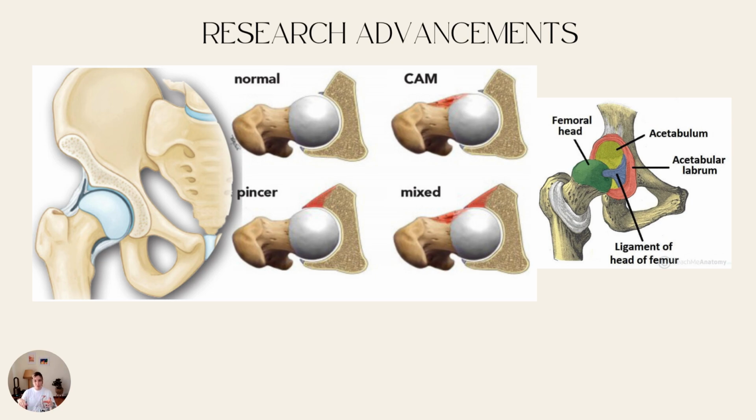common in asymptomatic individuals. You've probably heard this many times before. A lot of things are very common in asymptomatic individuals. You may have some things, you may have no pain. So morphology increases risk, but it doesn't determine outcome. It doesn't mean that you will have a lot of pain.